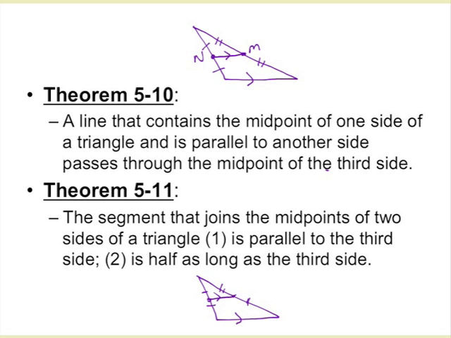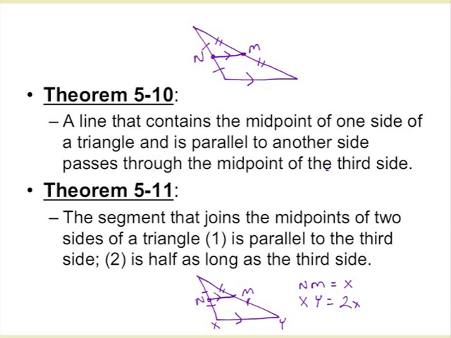In Theorem 511, we know starting out that we have two midpoints. And it turns out that it really works both ways. But Theorem 511 gives us one extra piece of information, and we'll go ahead and label these points out again, that NM is equal to half the length of XY.